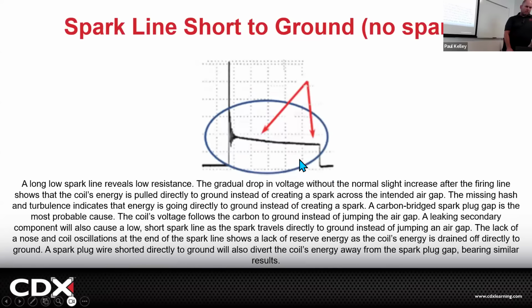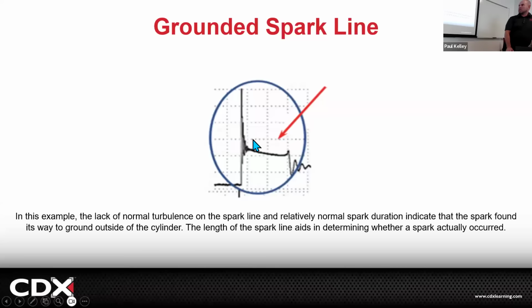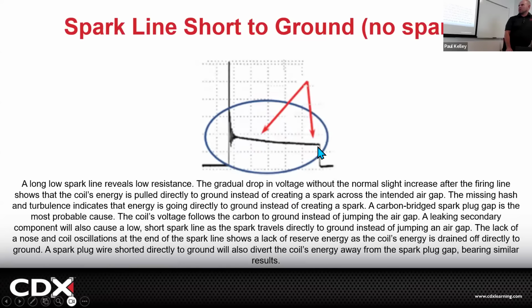Now, if you were to look at this, this would also be a short to ground. But do you notice the difference? This one is a short to ground, but it arced up at the end. This one is short to ground, going downward, but there was no uptick. This doesn't even look like any spark occurred. You notice there's no real oscillations. It wasted its energy, but there's no turbulence when there's an actual arc being carried at the spark plug or shorted at the valve cover or something.